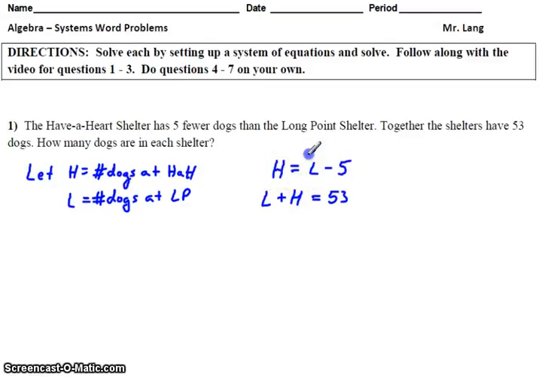It's isolated. So what I'm going to do is put parentheses around that, and I'm going to substitute L minus 5 for H in this second equation. So it's going to be L plus, and then instead of H, I'm going to do L minus 5. And this equals 53. So yeah, I'm using substitution.